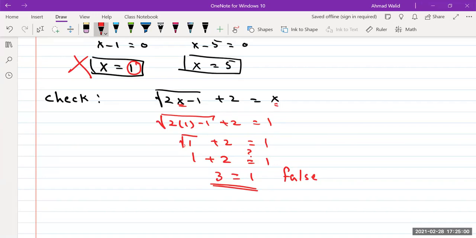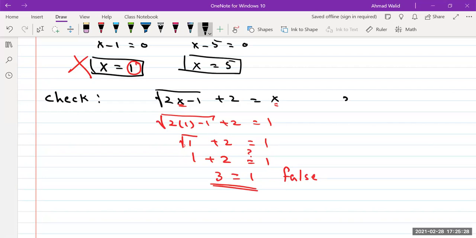One of the types of equations that you have to check your answer, I talked about rational equations, if you remember? And the second type is the radical. And the fourth type, you will see in your book, will be logarithmic equations that you have to check your answer, correct?